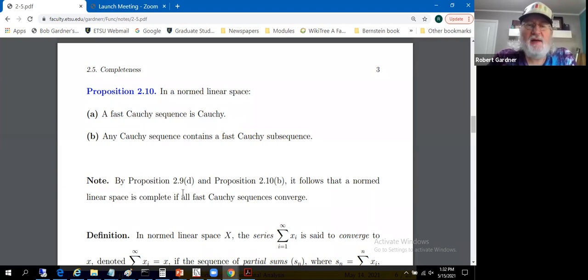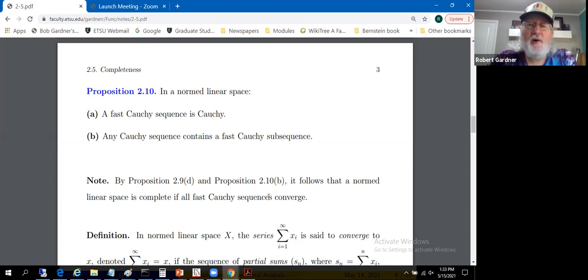Let's go ahead and make a little observation here, lumping together the previous result we proved along with this one. We'll do the proof of this one as well. It says that a normed linear space is complete if all fast Cauchy sequences converge. All right, why is that? Because to show completeness, we would show all Cauchy sequences converge. Well, we know from here that any Cauchy sequence contains a fast Cauchy subsequence.